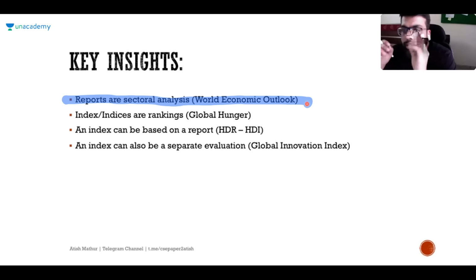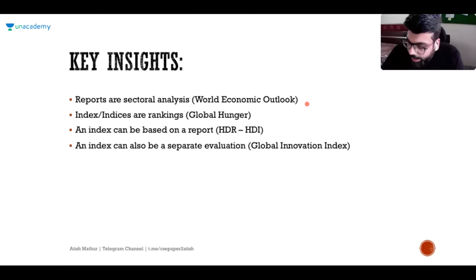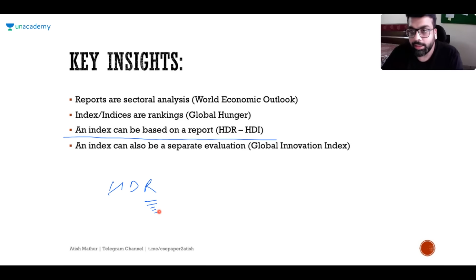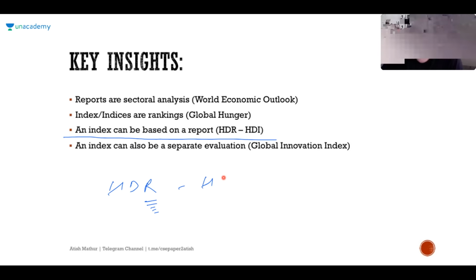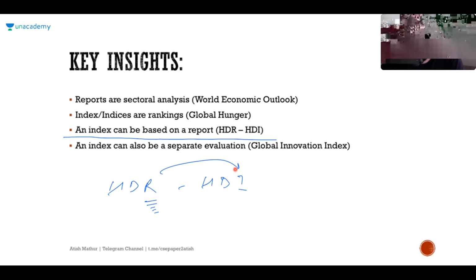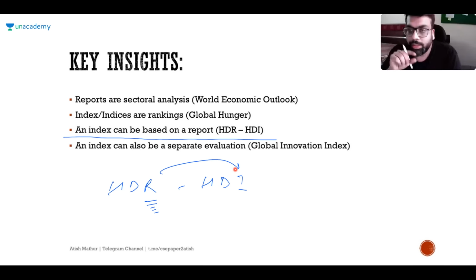Now, this is something important. An index can be based on a report. For example, there's something called the Human Development Report, which uses certain criteria to explain developments in human development. The Human Development Index is an outcome of the Human Development Report. So the Human Development Report also has the Human Development Index.